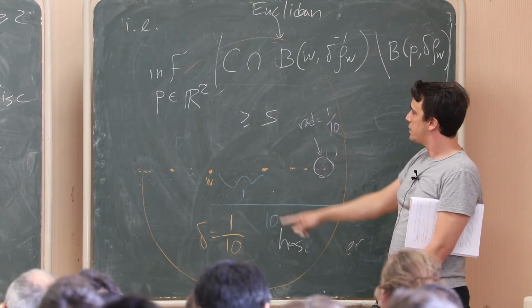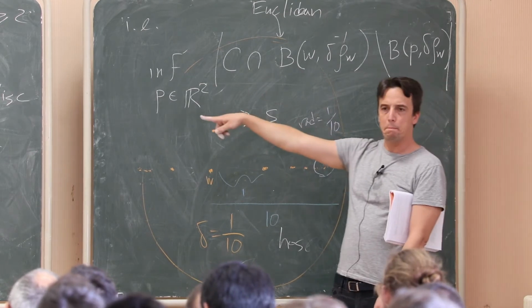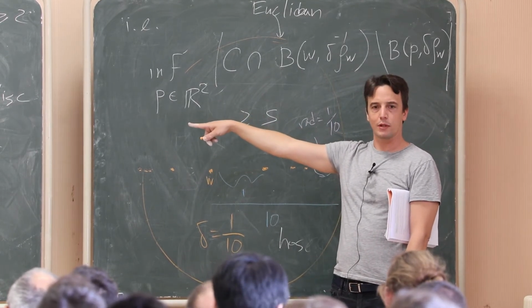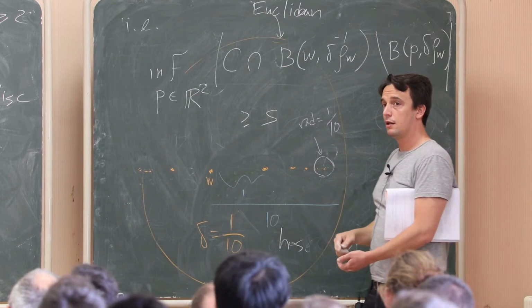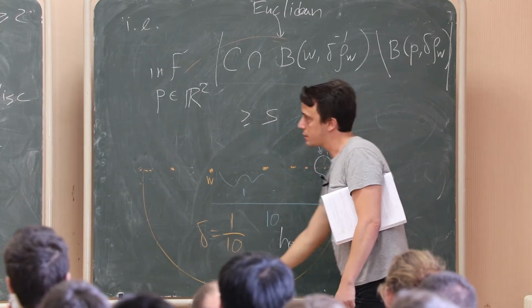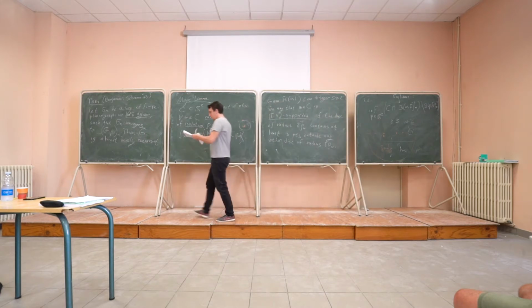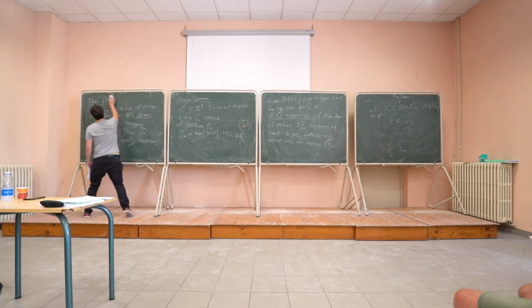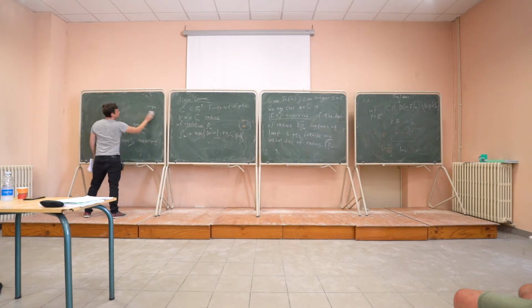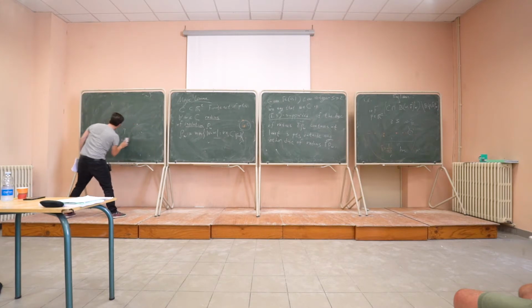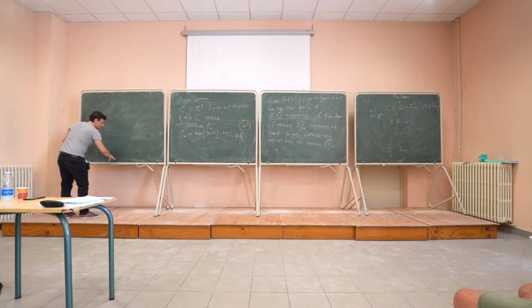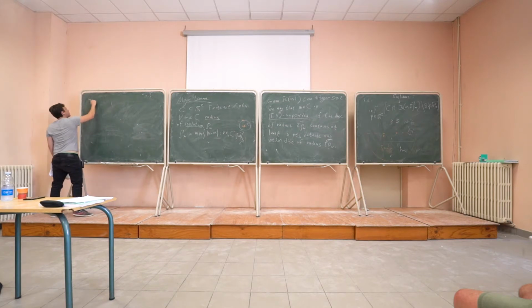And the statement of the lemma is going to be that there cannot be many delta S supported points. And why is this? So far there was just a definition, so let's state it. The theorem is as follows.